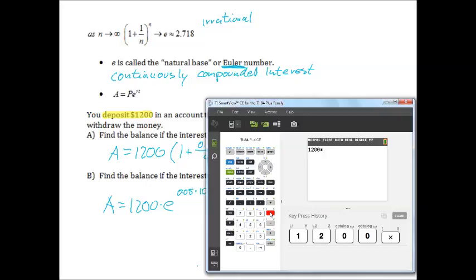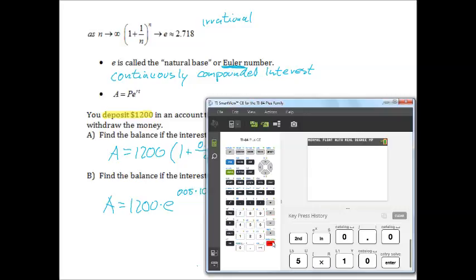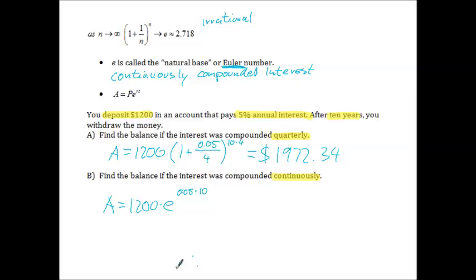Now, where do we find our Euler's number on the calculator? We press second and go down to ln, and there it is. And the fact that you can find this on the calculator itself already shows you that it's quite an important number, similar to pi. So that is to the power of 0.05 times 10. And let's see what we get. We get $1,978.47.